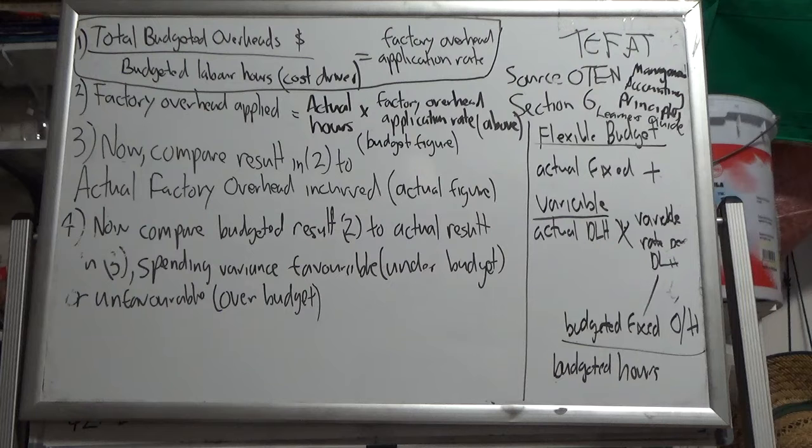In the O10 example, 140,000 is budgeted variable factory overhead, so you divide it by the budgeted hours. Then you multiply that rate by actual hours to get variable costs. You add up the two, the fixed and the variable, to get the total.